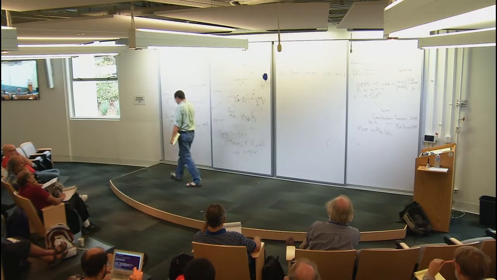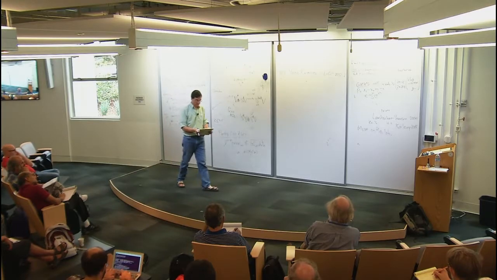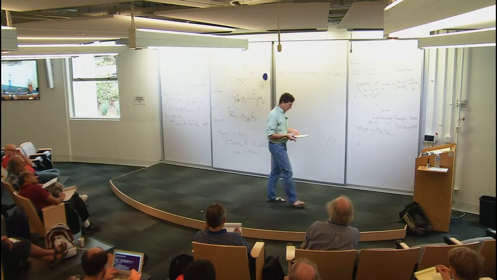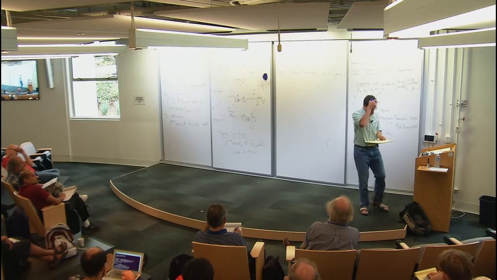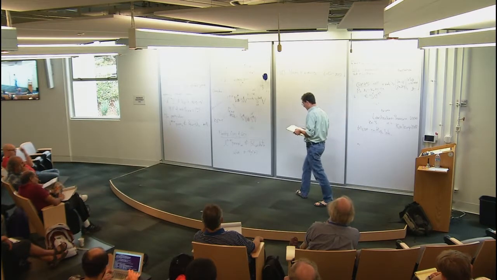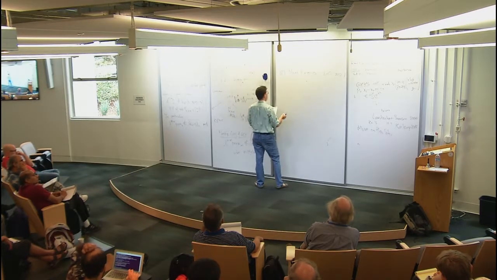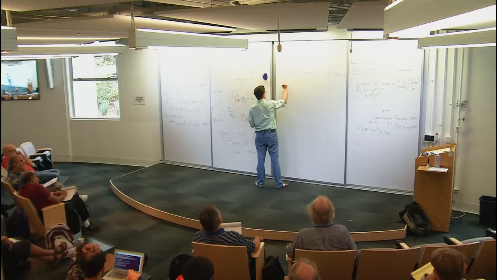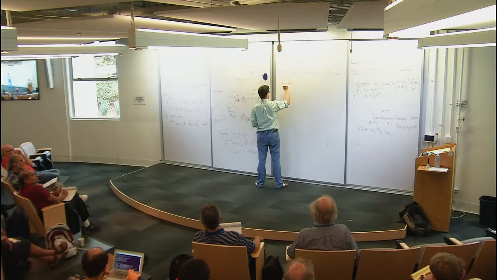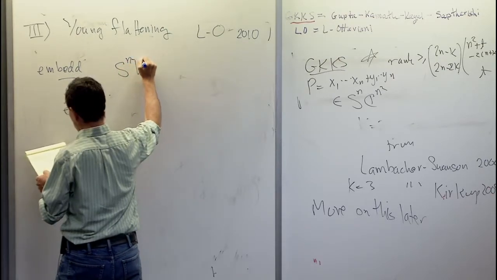Ottaviani and I were studying Waring rank of polynomials, or Waring border rank of polynomials, and we introduced a method that generalized existing techniques at the time, that is to say flattenings or catalecticants. And the idea, I'll give you a very explicit example in a moment. So you embed your space of polynomials.